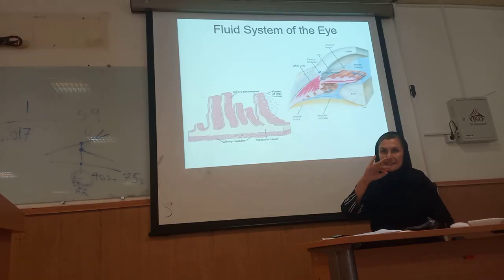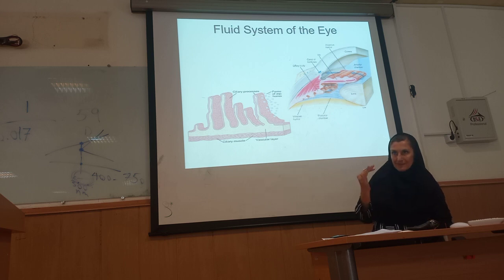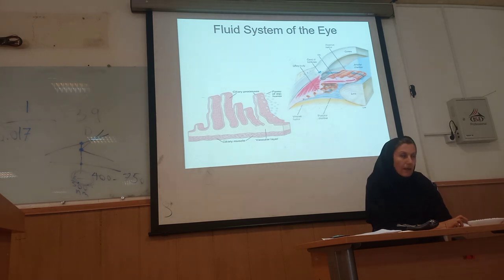Correct. What? Aqueous humor. Okay, so aqueous humor is secreted by the ciliary epithelium, the ciliary processes. Where to?